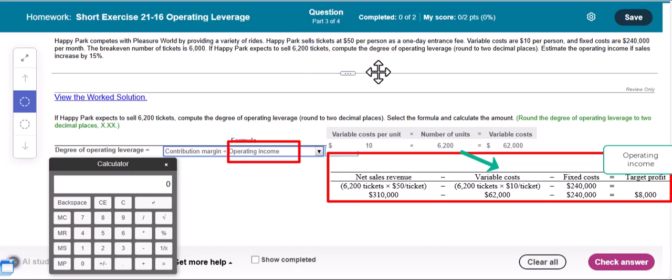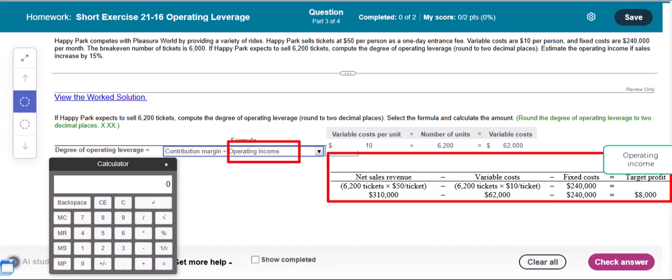So what we're going to need to do is multiply then the $10 per person times the 6,200 tickets. So that is going to give us 62,000. So I can plug that in here if you'd like to see it on the calculator. So 6,200 tickets times $10, or the other way around. It'll give you the same answer there. And that 62,000 is our variable cost.